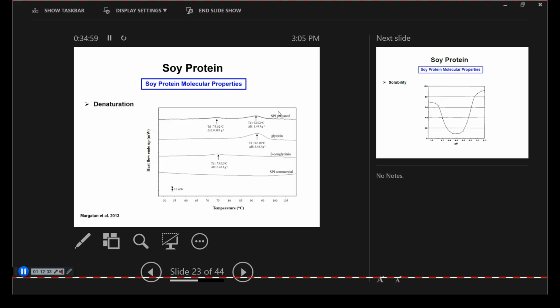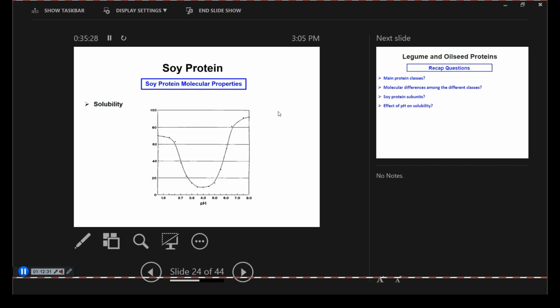And then beta-conglycinin is about 75. These are separated fractions, a purified glycinin fraction and a purified beta-conglycinin fraction, to confirm that this is indeed beta-conglycinin and this is glycinin. And as you know, this is a DSC that looks at the uptake of heat as you increase the temperature, as an indication of denaturation.